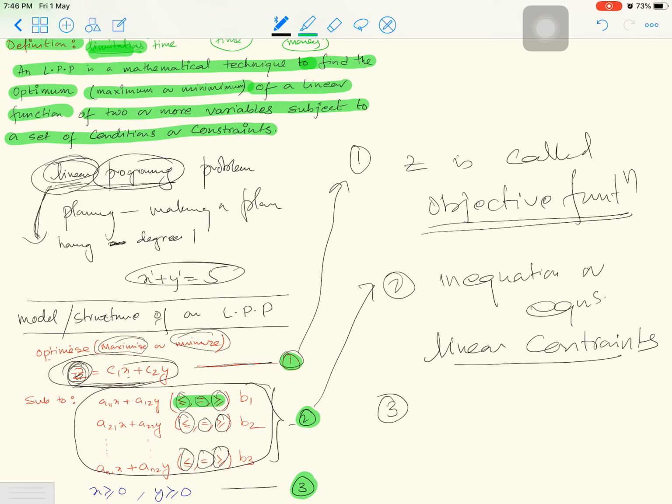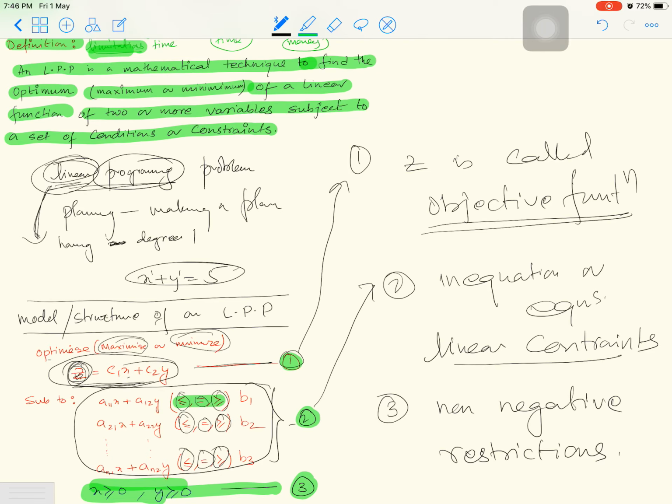And finally the third one, it may look a little insignificant, but in fact it is very important. x greater than or equal to 0 and y greater than or equal to 0 is called the non-negative restriction. Non-negative restrictions. So here you have the model or structure of an LPP.